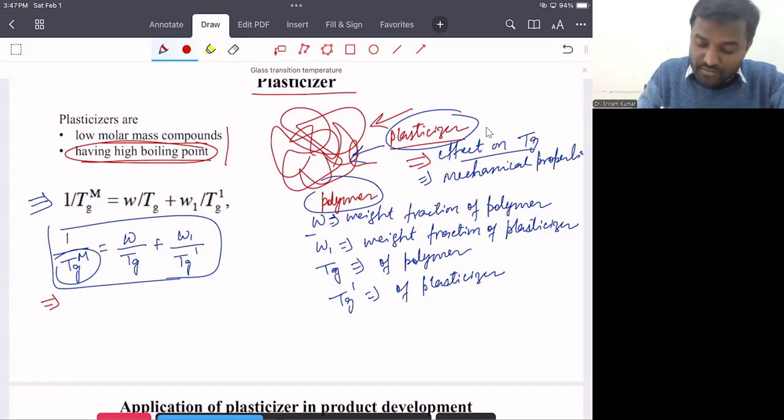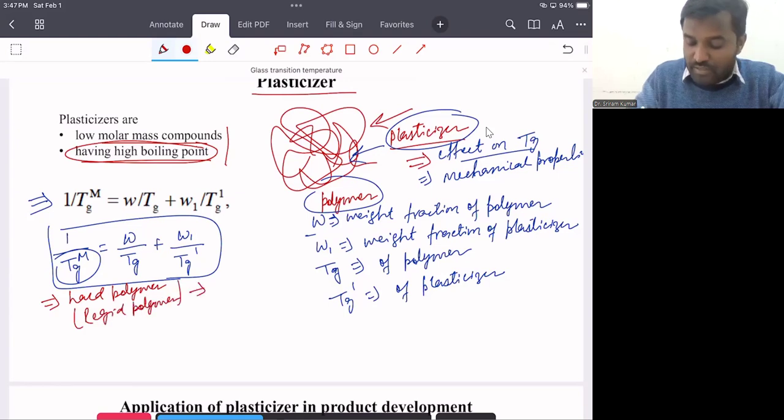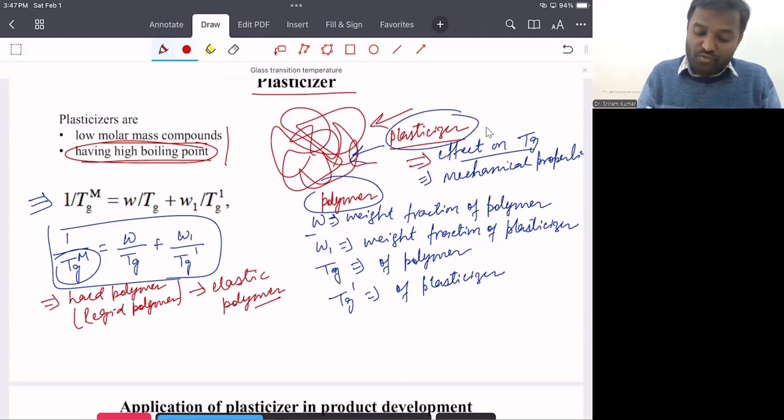You can change a rigid polymer into an elastic polymer. So if you add plasticizer, based on the decrease in the glass transition temperature, the polymer becomes from rigid to the elastic kind of polymer.